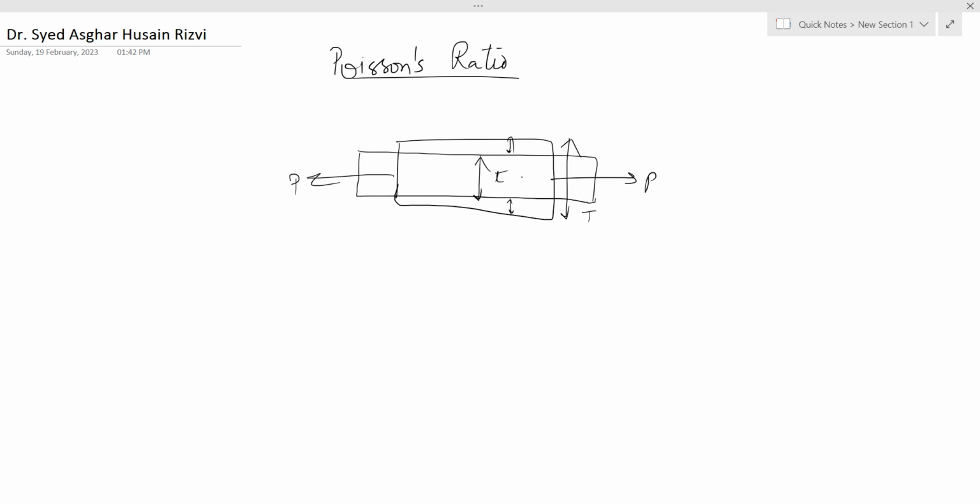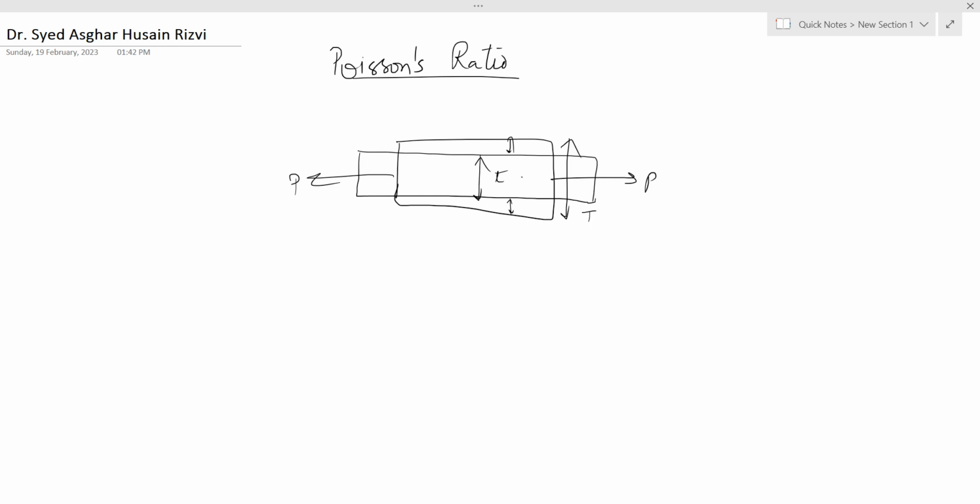When the load is acted upon the body, the longitudinal dimension increases under tension, but its impact on the lateral dimension is reverse, and it will decrease the size in the lateral dimension.